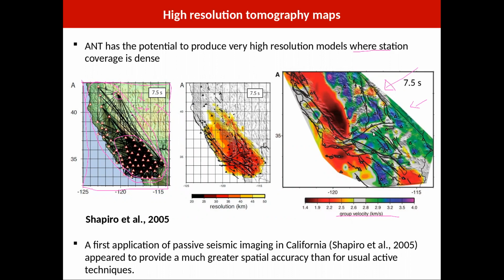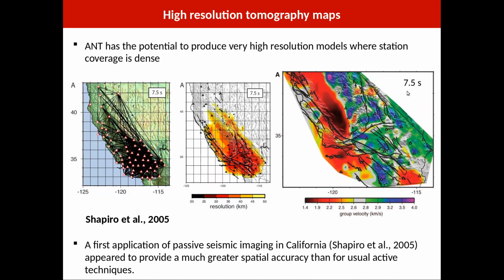You produce a map that will show you how the velocities are distributed in your study area. So here we can see that the velocities range from 1.4 kilometers per second to 4.0 kilometers per second. And this is at a period of 7.5, okay?